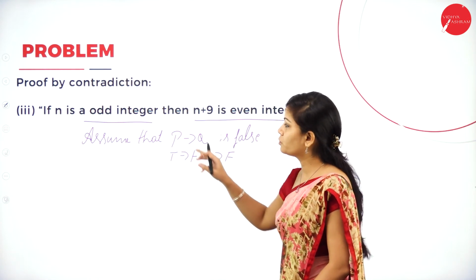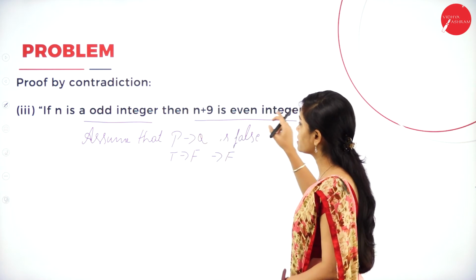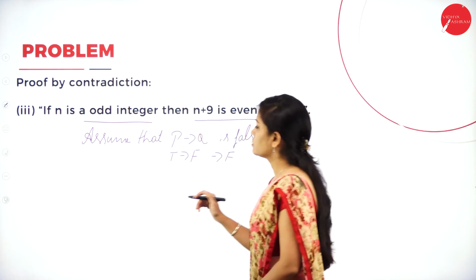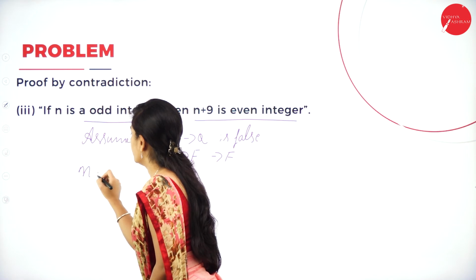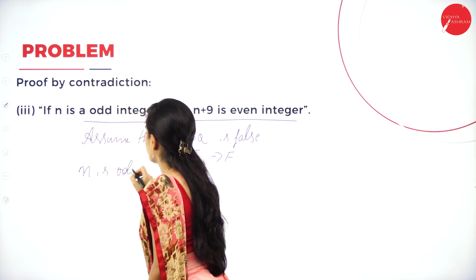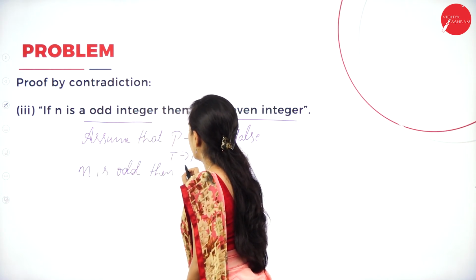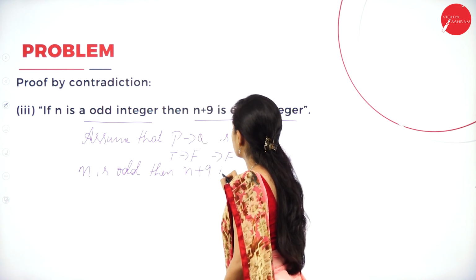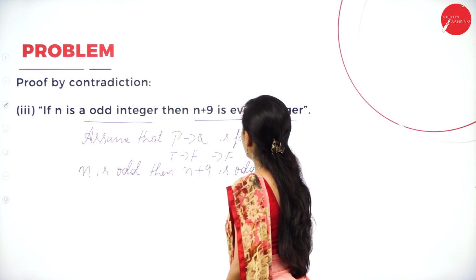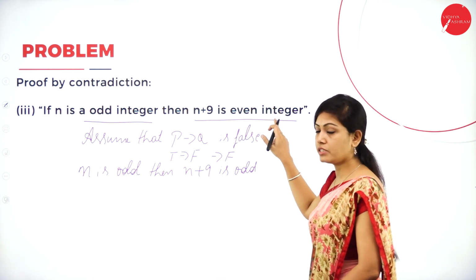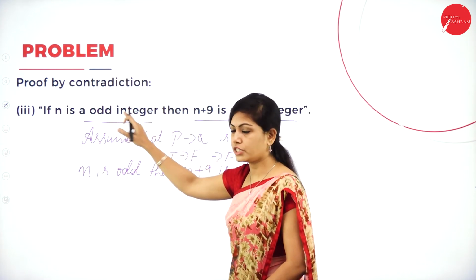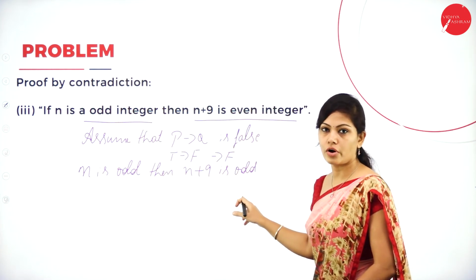So now we have to prove that if n is an odd integer, then n plus 9 is an even integer. So n is odd, and assume n plus 9 is odd. Here they have given that n plus 9 is an even integer, but we are proving this by contradiction. So n plus 9 is odd.